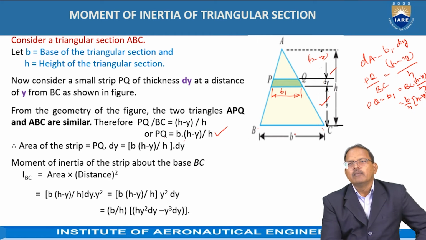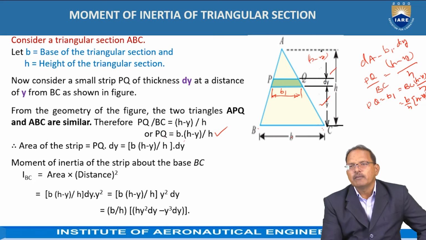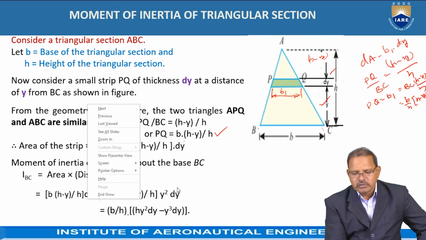The moment of inertia of the strip about the line BC is equal to area multiplied by the square of the distance between these two lines, which is y, that is b into h minus y by h into dy into y square. Here b by h is common, so it becomes h minus y into y square dy.